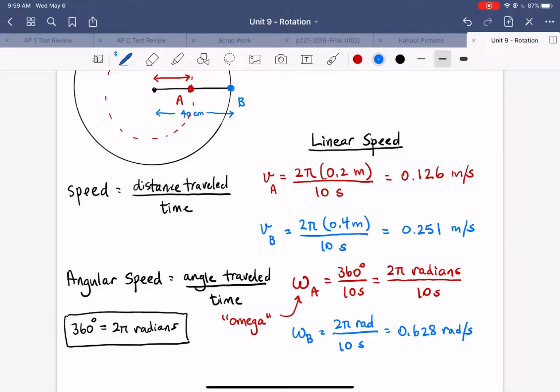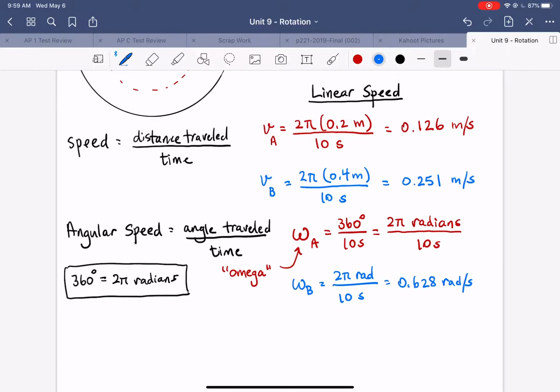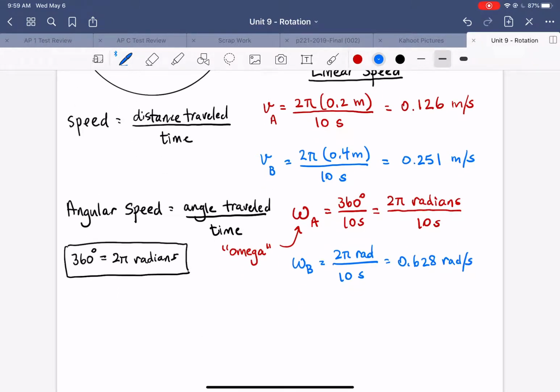So the linear speed and angular speed of the same object are actually very closely related if we use radians rather than degrees. So this is the reason we use radians in physics. So if I want to relate these two equations, I can say the linear speed of B is just the angular speed, 2 pi divided by 10, and then I have to multiply by the radius.